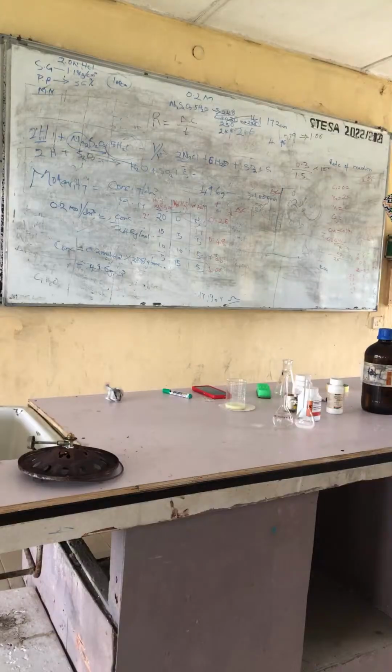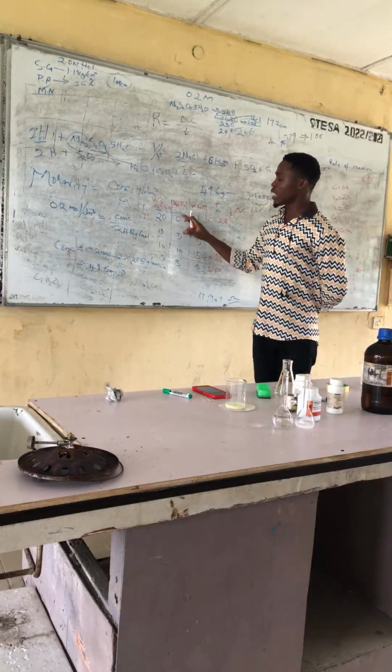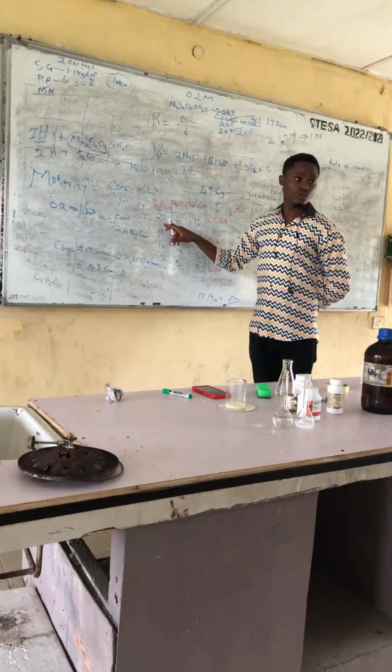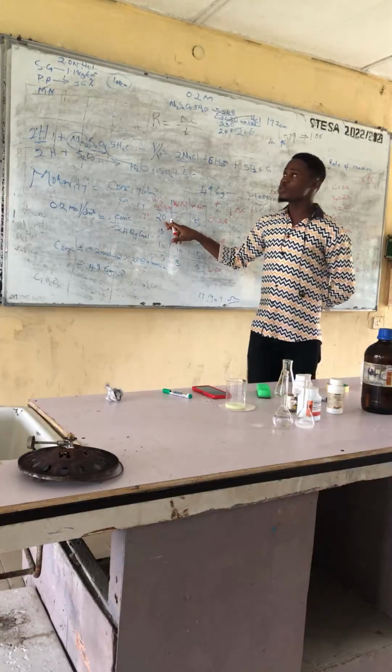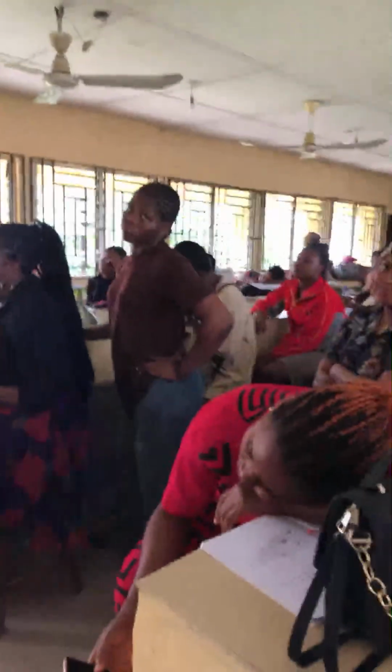The initial is still 0 because 0 divided by 20 is 0. But the initial answer, because water was not added to this solution, we pick only 20 mils of this. So the concentration of this 20 mils still remains 0.2.